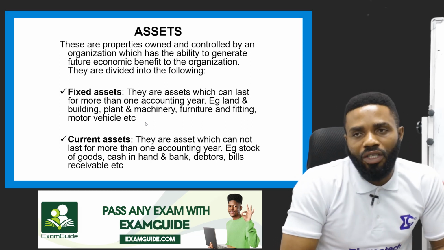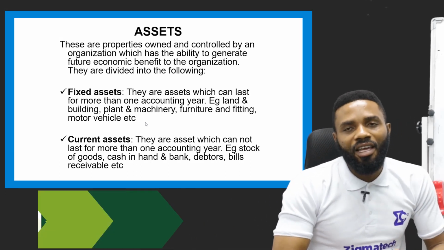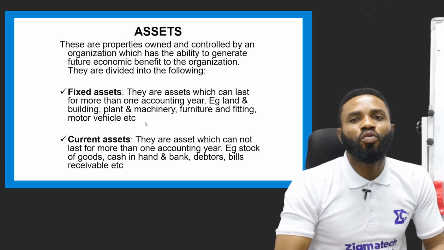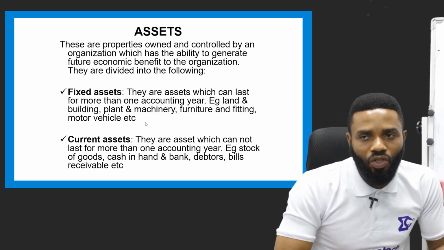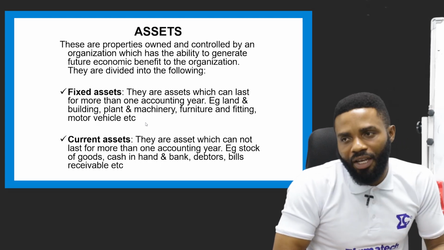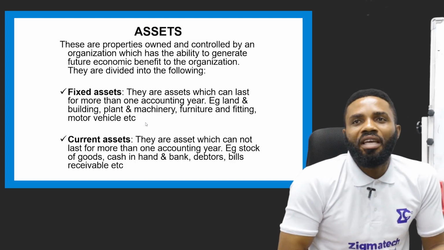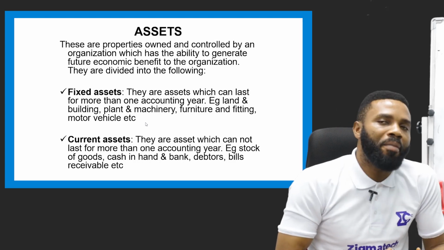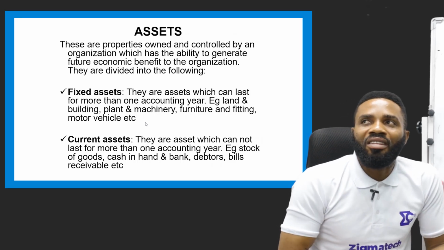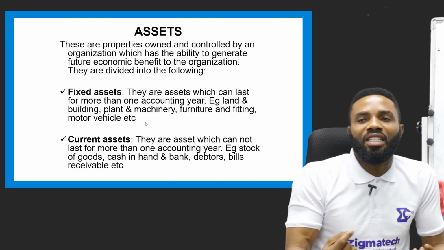It varies with companies. What a company will classify as an asset is different from what another company will classify as an asset. But what we serve as a basis of classification is the nature and the size of a company. A company that is trading, maybe a service providing company or probably a manufacturing company that is worth 10 billion may not want to classify an item of 20,000 as an asset.